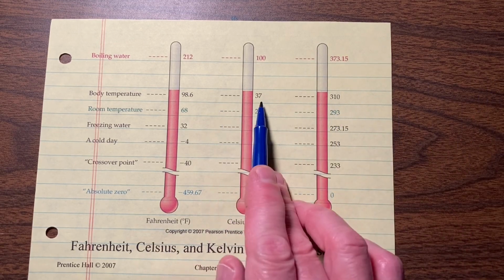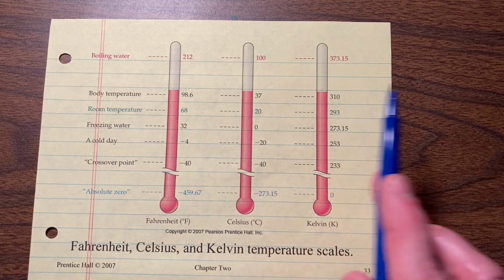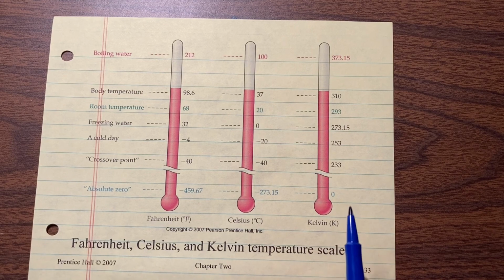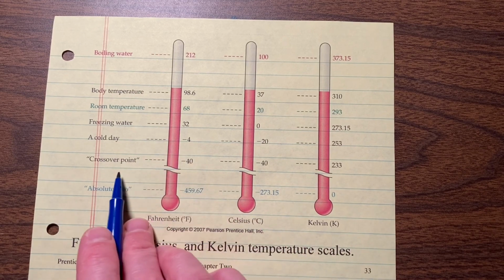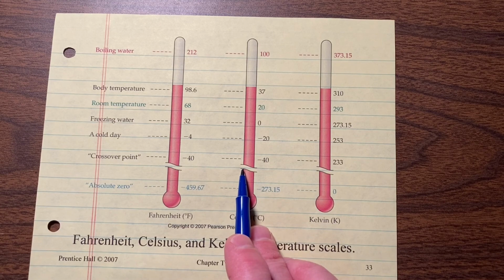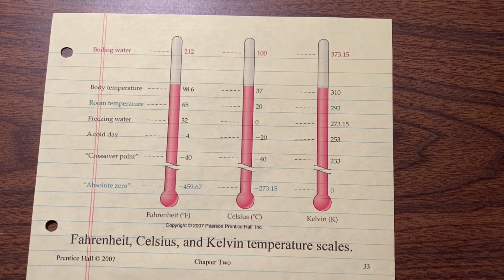Notice I say degrees Celsius, but I say Kelvin. We don't use the word degree when we talk about Kelvin. If you go all the way down, the only point where the degrees Fahrenheit and degrees Celsius scales are the same is at negative 40 degrees Fahrenheit, which is equal to negative 40 degrees Celsius.